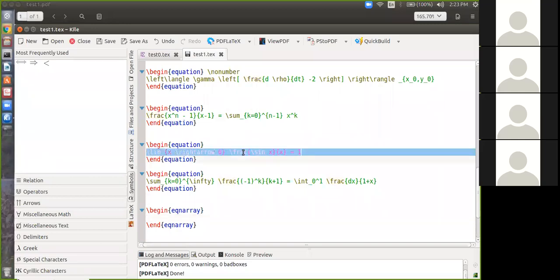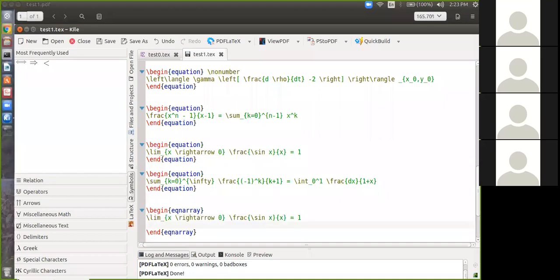So I am just copying this. This is my first equation, and this is my second equation. No vertical space, but you need to put a line break here. That is the most important part.